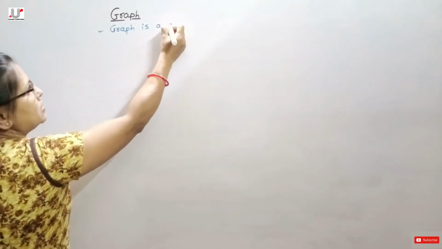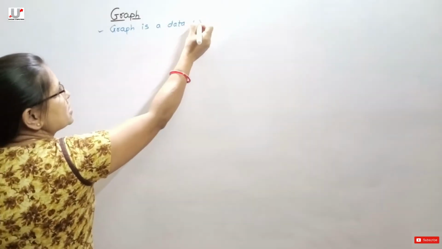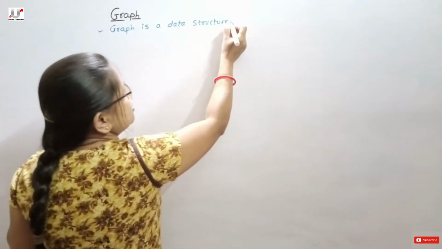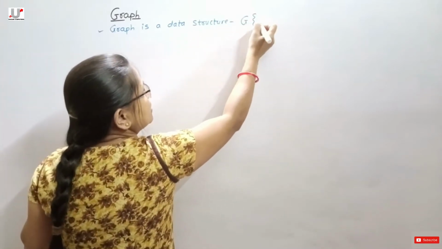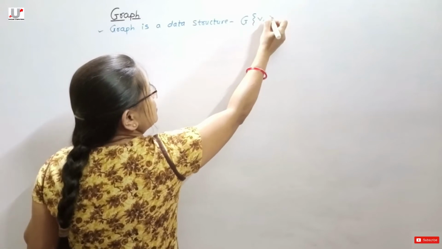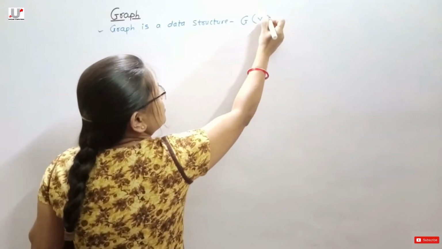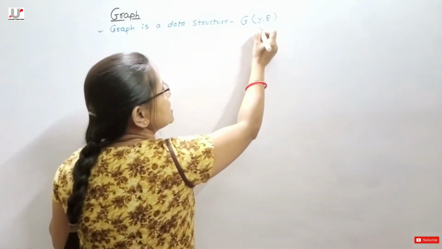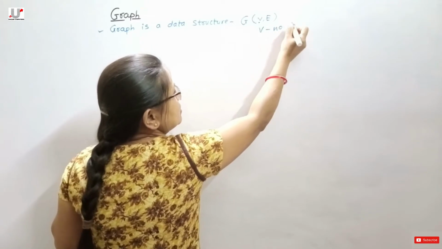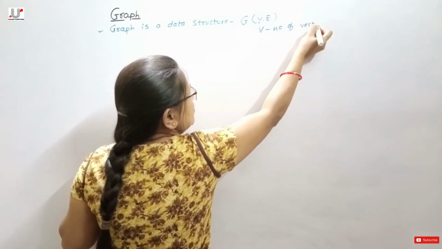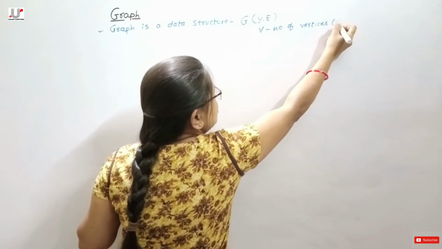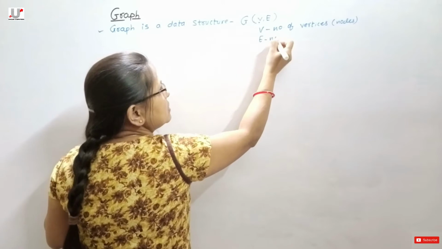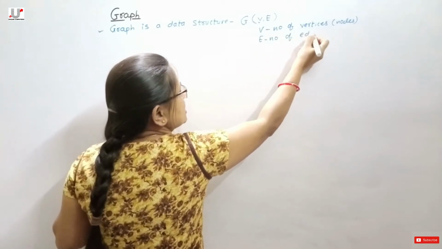Graph is a data structure, one type of data structure, which is denoted by G = (V, E), where V represents the number of vertices, also called nodes, and E represents the number of edges.